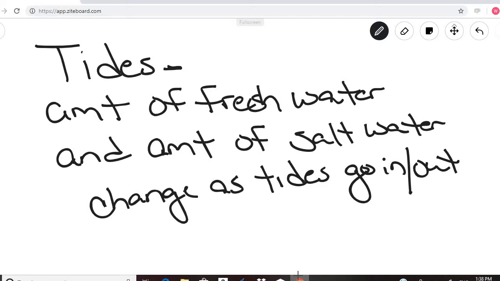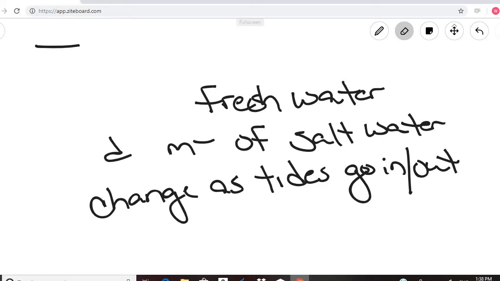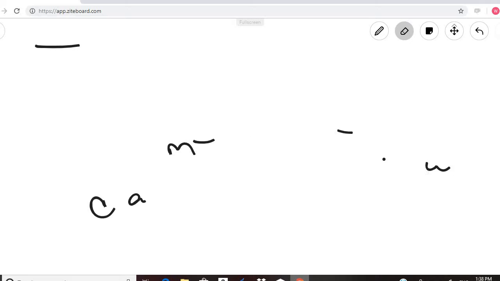The salt water tends to be more dense, so it stays on the bottom. Fresh water is less dense, so it stays on the top. But as salt water moves across the bottom with the tides, and fresh water moves across the top, organisms that are living here are going to be exposed to different salinities all in one day. And so that is an important factor for organisms that live near an estuary, having to deal with those changes in salinity throughout the day.